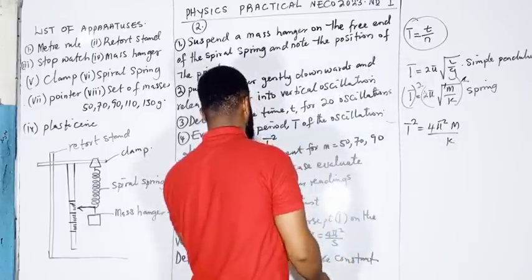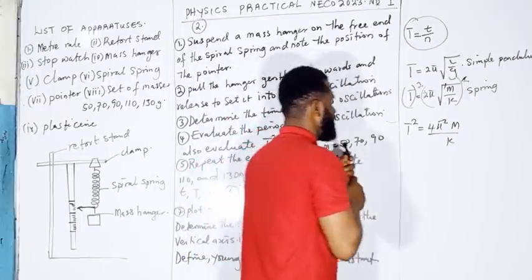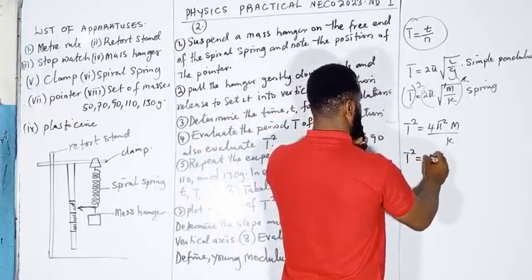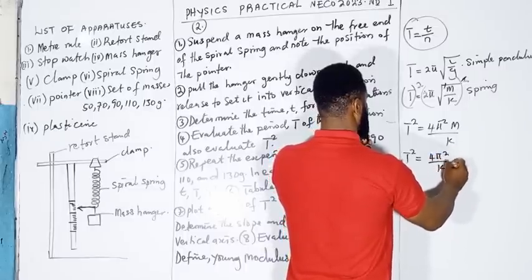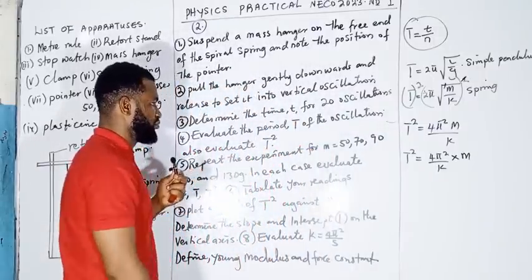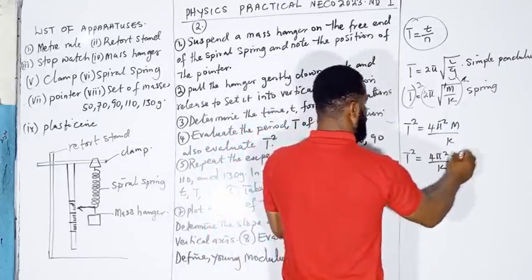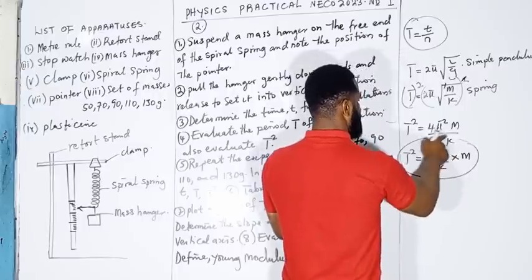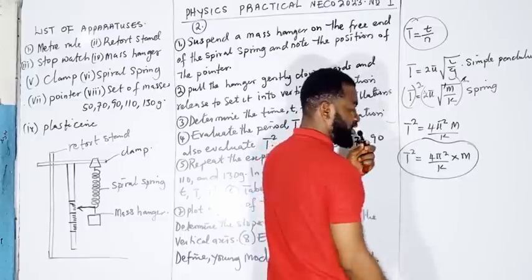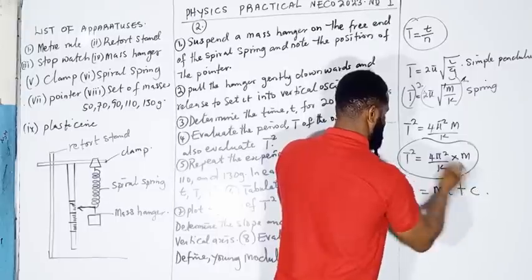Now, if you check very well, we are going to plot a graph of T square against m. When we plot a graph of T square against m, you realize that T square is equal to 4 pi square over k times m. Now, I'm going to compare this with a straight line equation, y is equal to mx plus c.